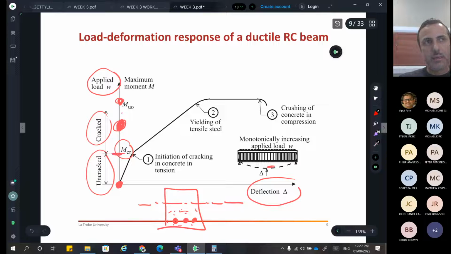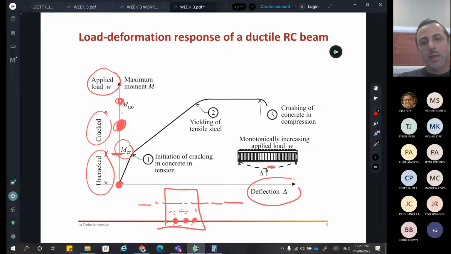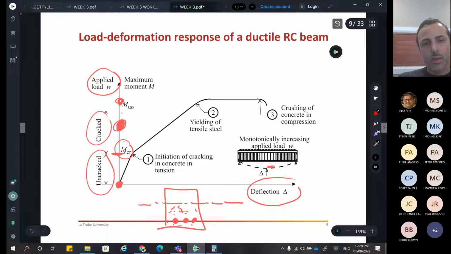So within those microseconds, when you are removing and stripping the formwork, from no load to cracking load, the loading and the moment will go from 0 to M_cr. What's happening there? We're opening very micro cracks that you don't see. And by the time the crack starts, we are here at this level.